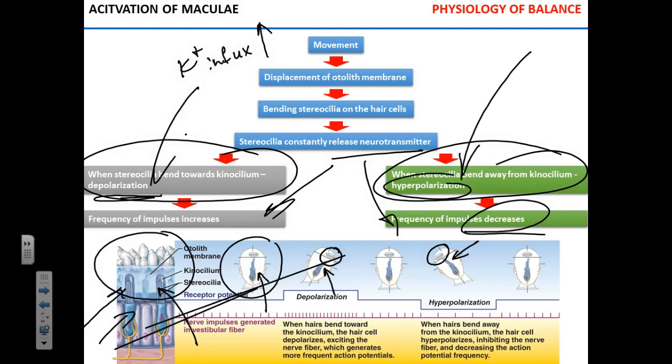The hair cell hyperpolarizes because potassium influx decreases. Does it make sense? Got it?